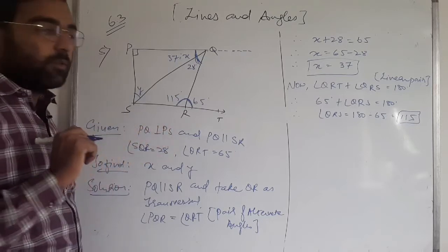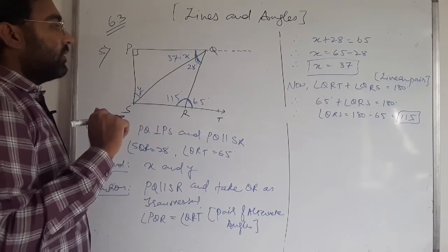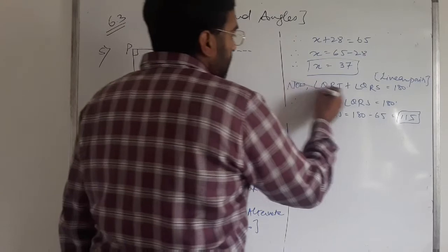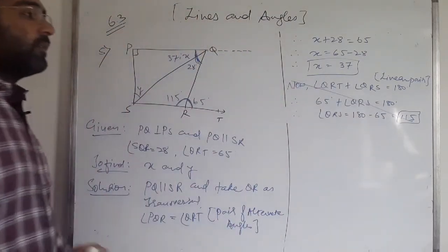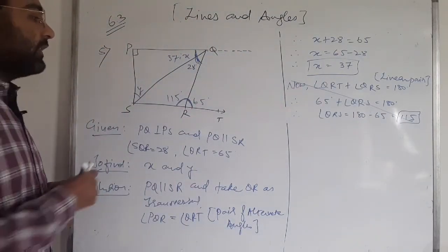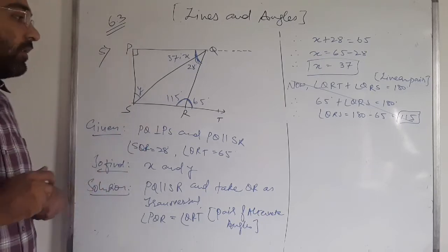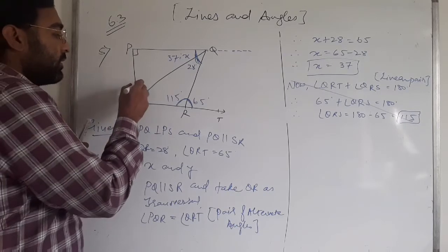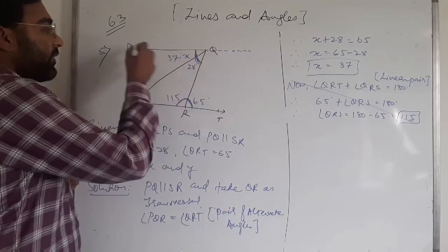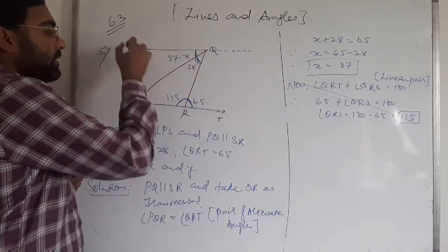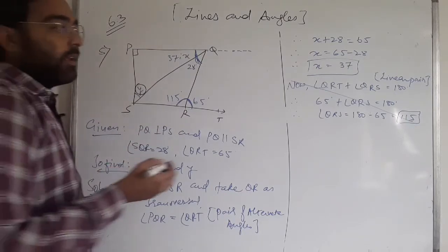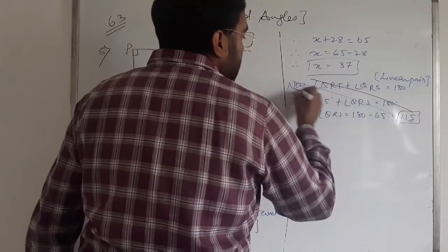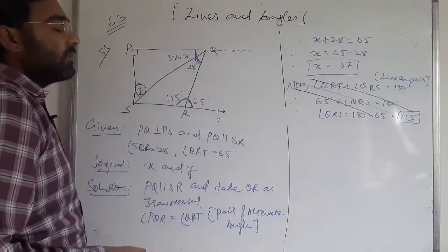Please students, cancel all these things, because we don't need to find the angle QRS. Now I have to find the angle Y, in triangle PQS.